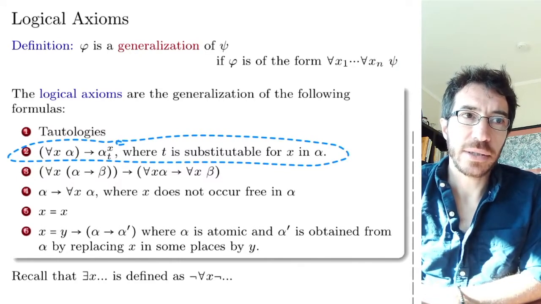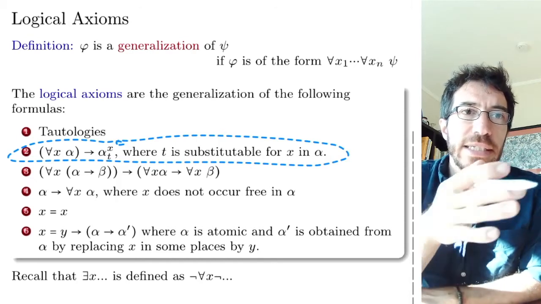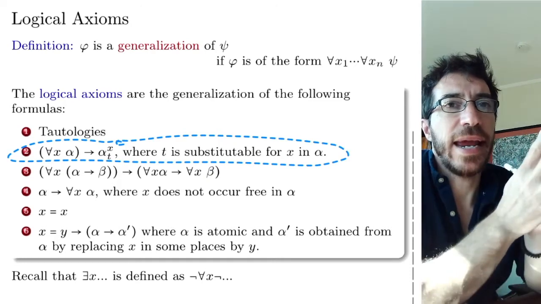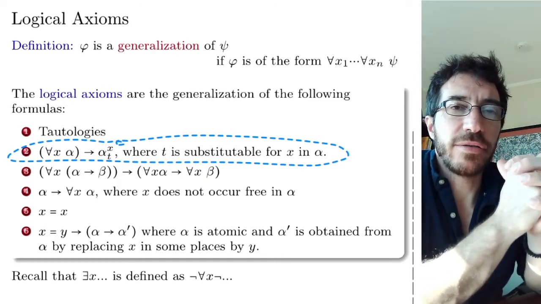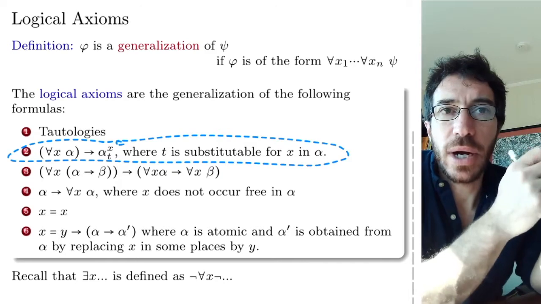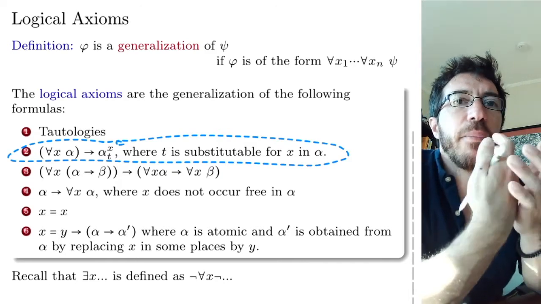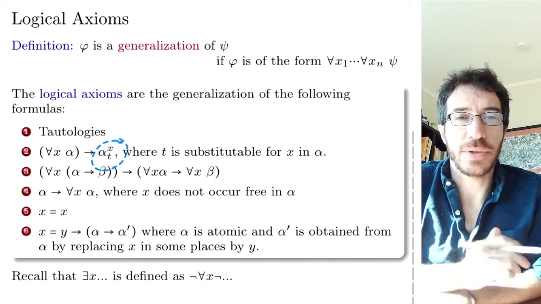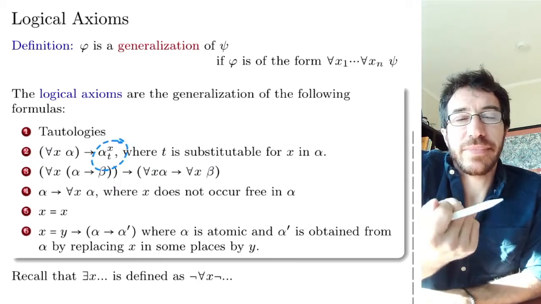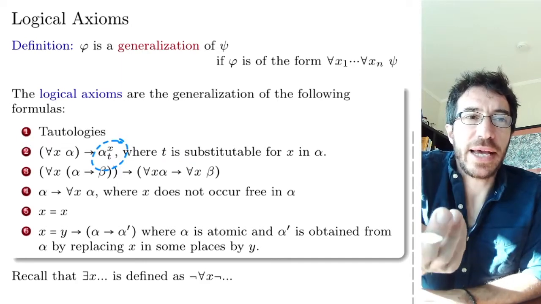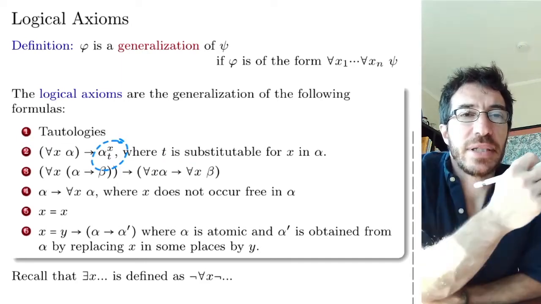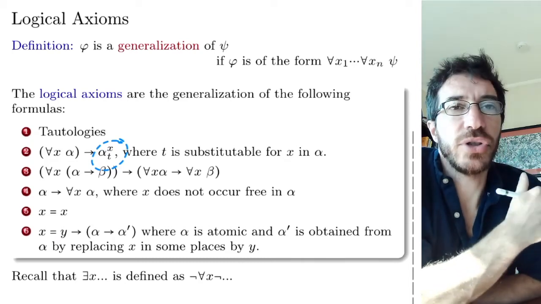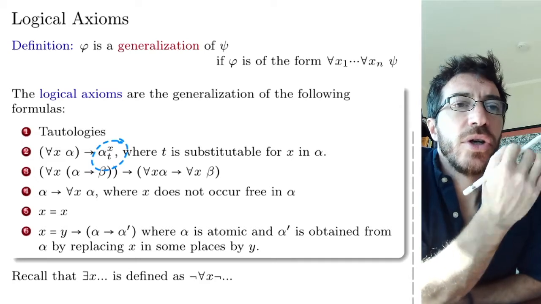Because here you can use axiom 2 only when t is substitutable for x inside alpha, right? And that meant that no variable that shows up inside t, let's say a y variable, can become bounded once you do the substitution. Because if the y wasn't bounded before, but now you put a variable inside t that becomes bounded, that's going to create trouble, as we saw in some videos ago.